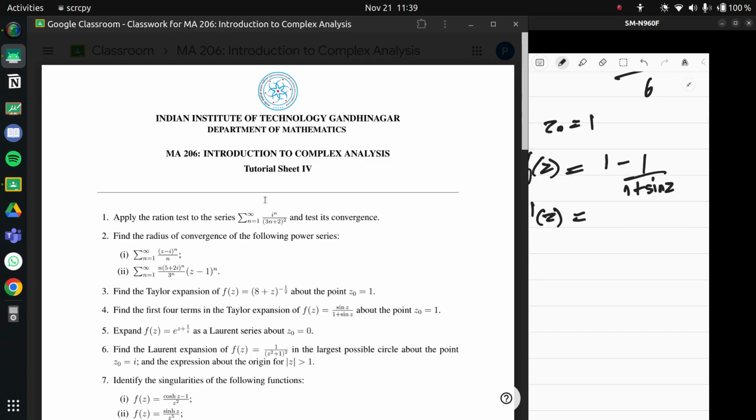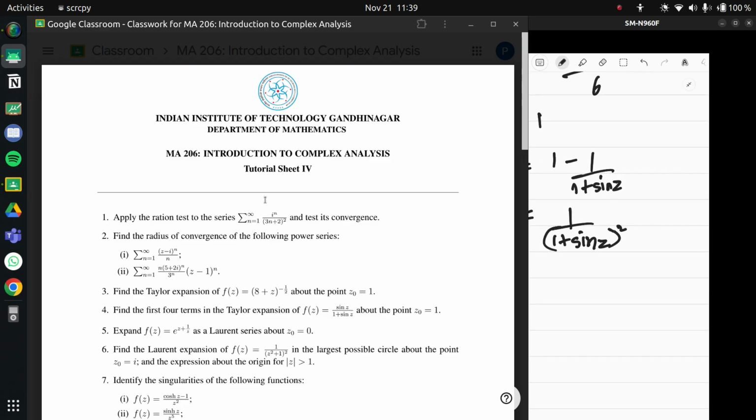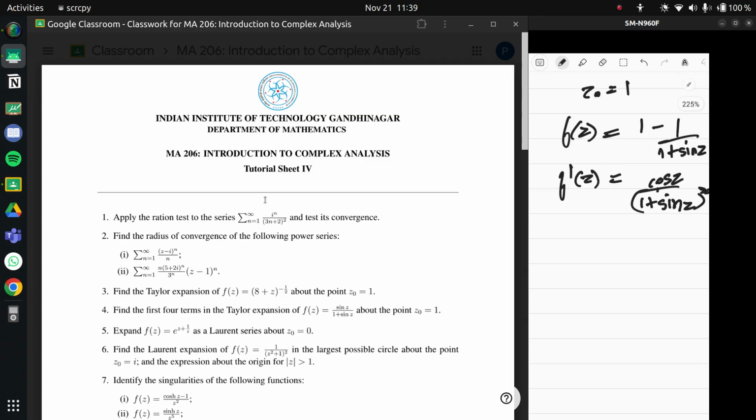So it's going to be 1 upon (1 plus sine z) squared, and then this guy's derivative, which is cosine z. That makes sense.